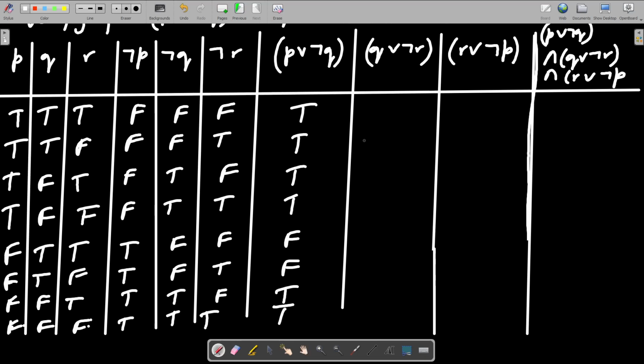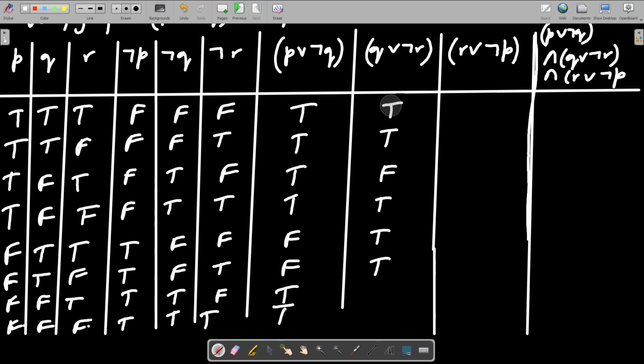Q or not R: the second column and the sixth column. So true, true, true; sixth column, false, true. Again Q is true, so this is also true.